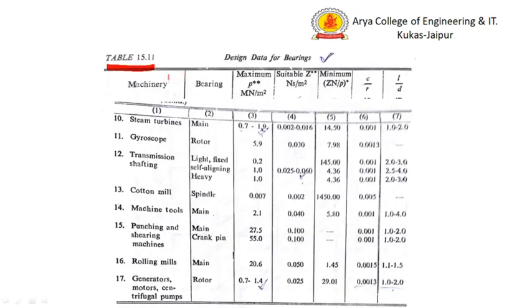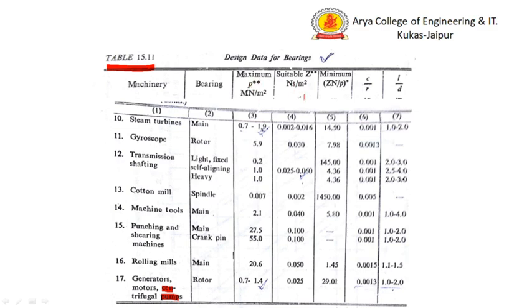In this, the first column is the application. The given application in the numerical is the centrifugal pump. This is the bearing application, and column three is for maximum allowable pressure.